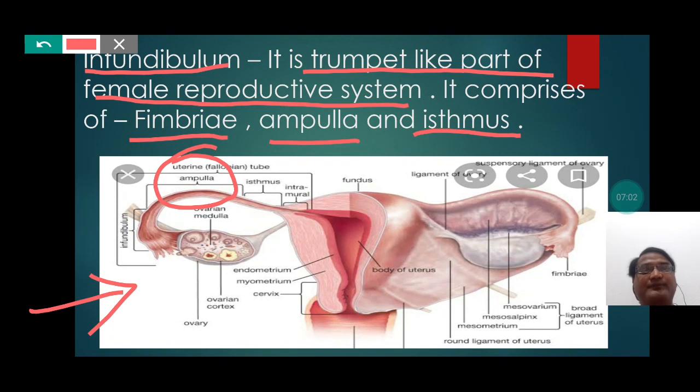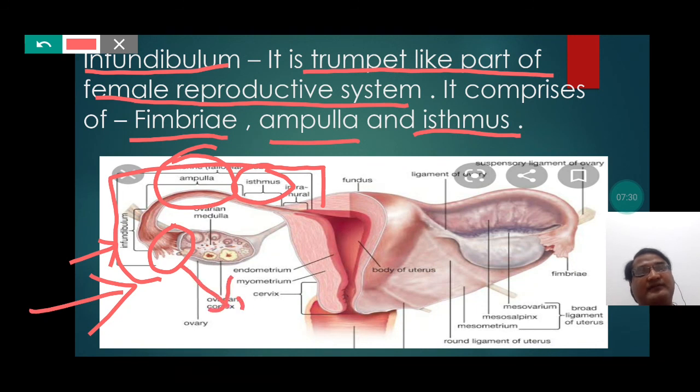The infundibulum, the whole part which you can see, is called the fallopian tube. Students, you can also find here the isthmus. And here the finger-like projections which you can see, that is the fimbriae.